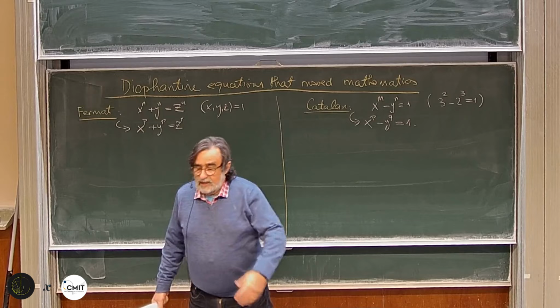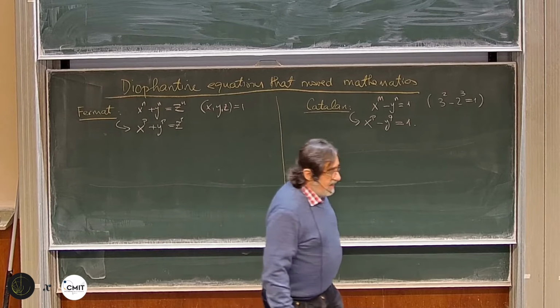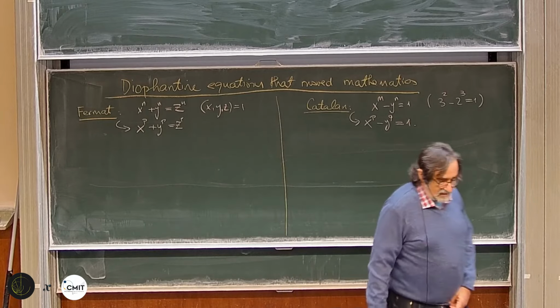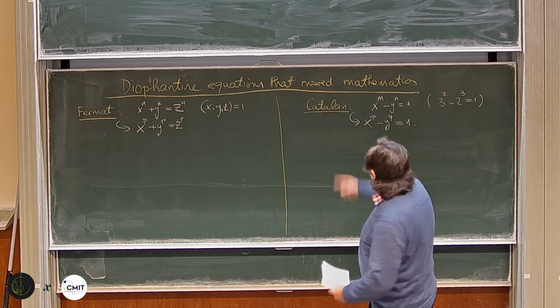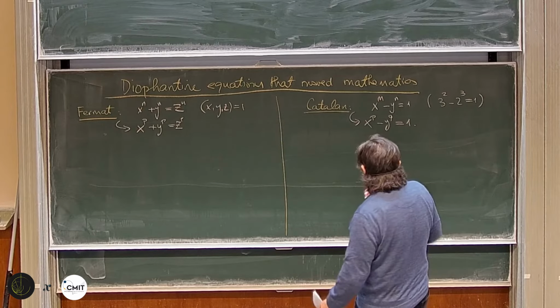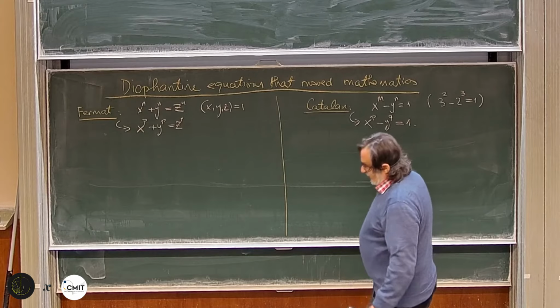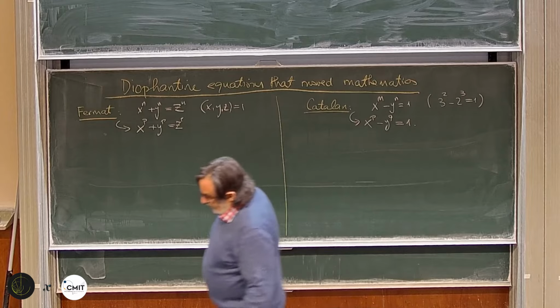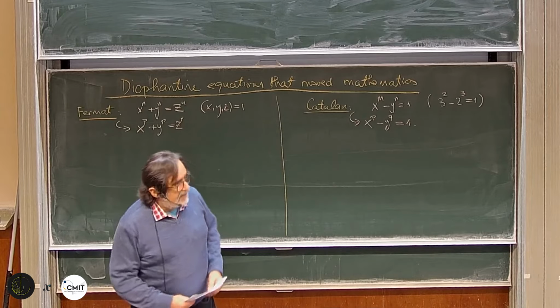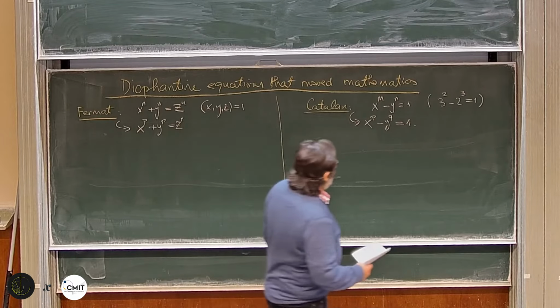And so the natural question is if this is an isolated phenomenon or if it occurs more often. That's a Catalan question. And here too you can concentrate on the case when the exponents are prime numbers.